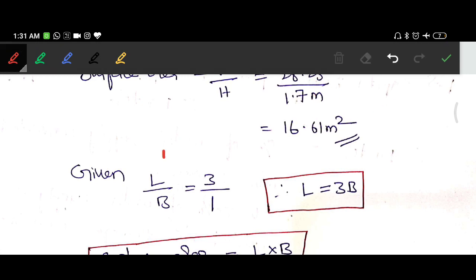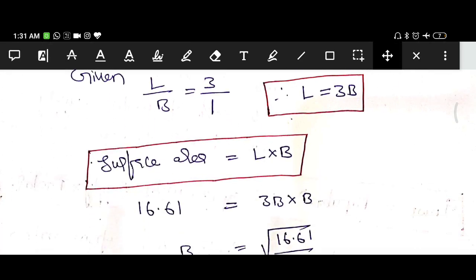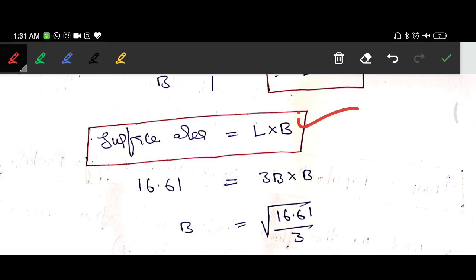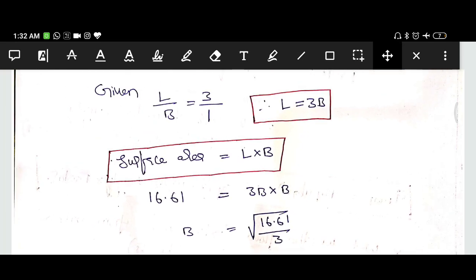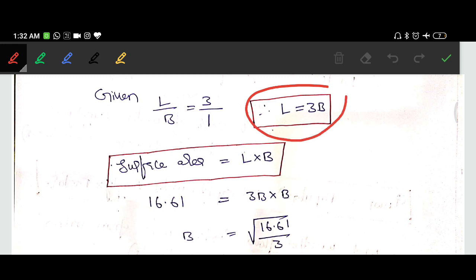Then we find the L by B ratio, which is given as 3:1. From that we get L equals 3B. Now the surface area becomes L into B. The surface area we already got from V by H, that is 16.61, equals 3B into B, putting the value of L here.